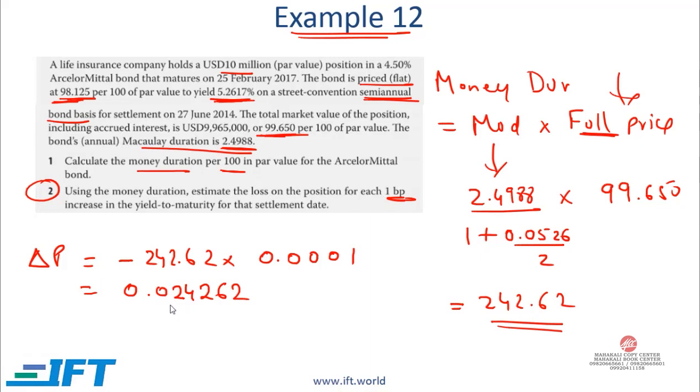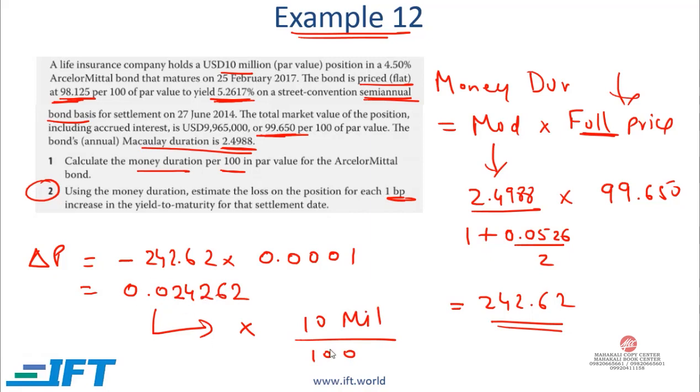0.024262. We have to come up with the loss for the entire position. This is the loss for $100 par value. So we take this number and multiply it by the total par value of 10 million divided by 100, because this is based on $100 par value.